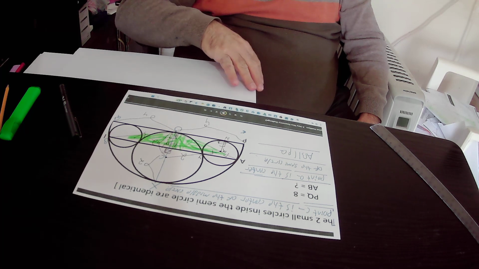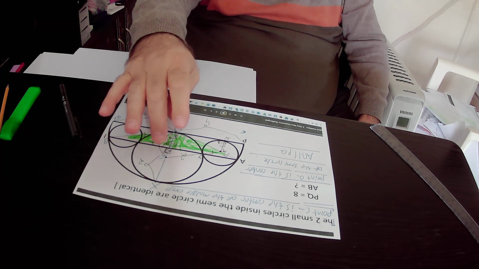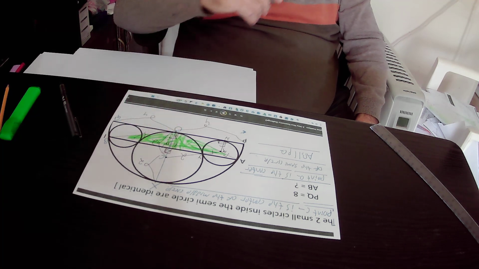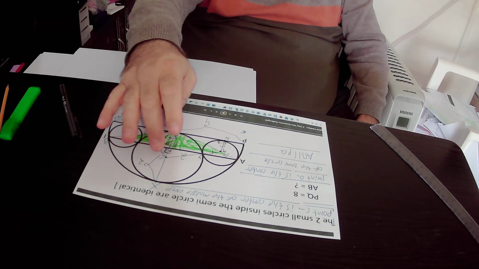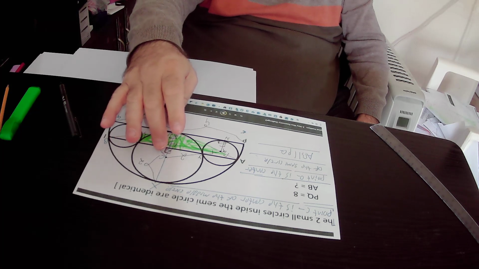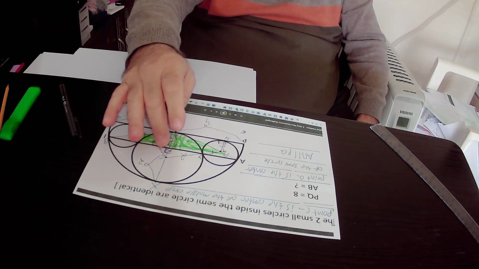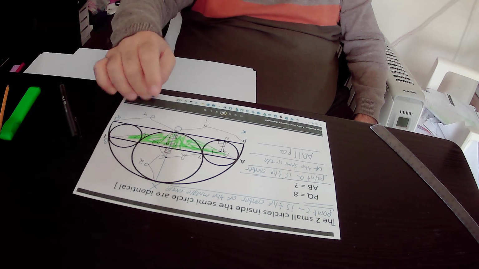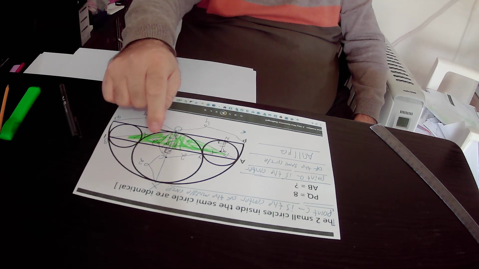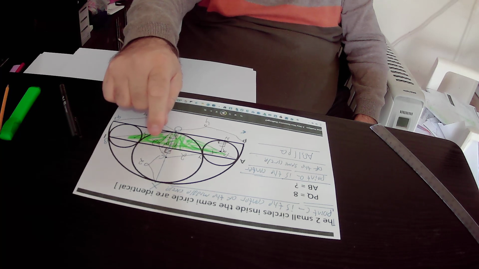But OX is not only the radius of the semicircle, it is also the diameter of the middle circle. So we know that the diameter of the middle circle OX equals 4 units. And if the diameter of the middle circle equals 4 units, then the radius of this middle circle will be half of it, so it will be equal to 2 units.